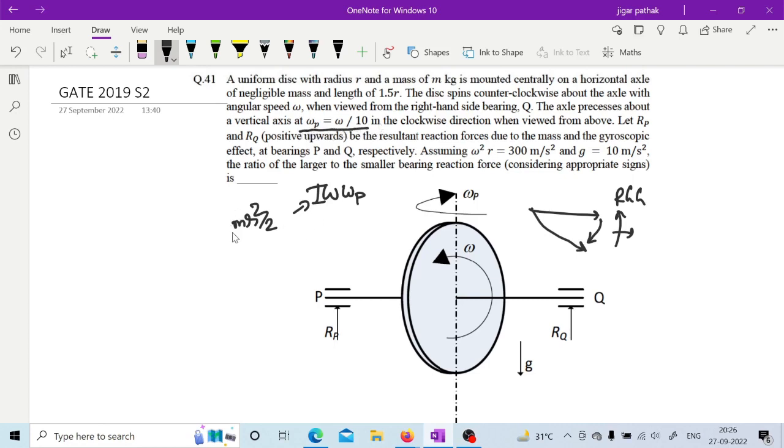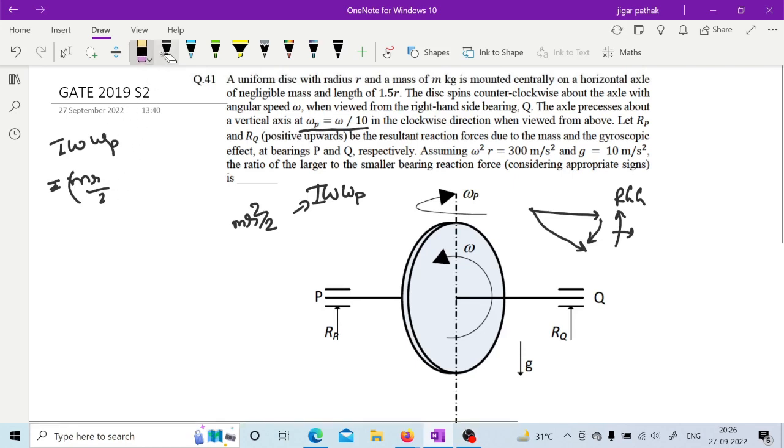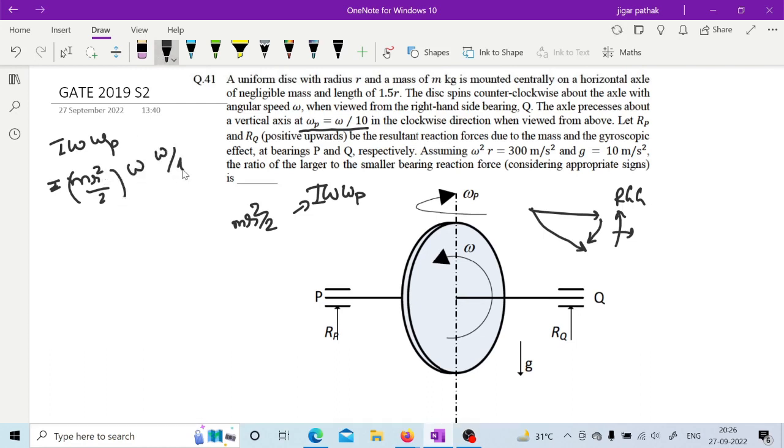So your this particular I omega p can be written as mr square by 2 into omega by 10. So here you will get m omega square r square by 20, right?